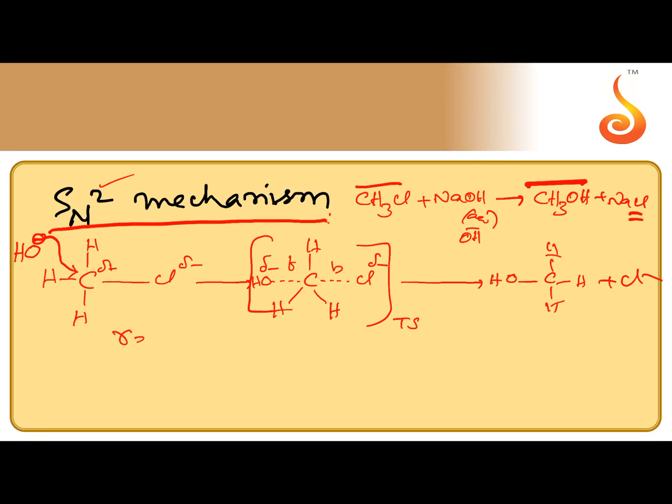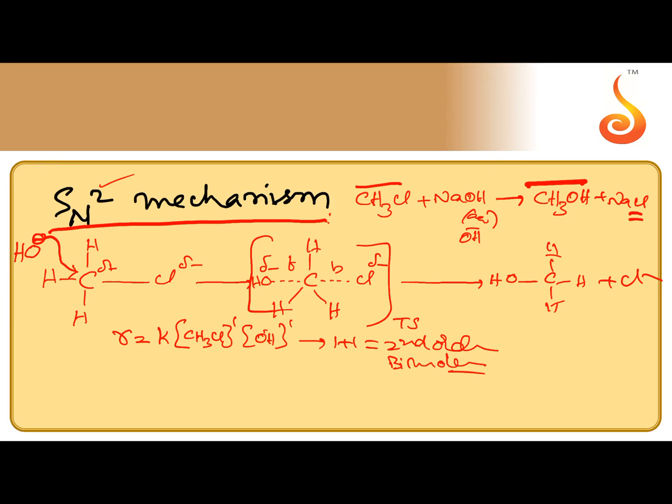In this reaction, if you write the rate equation, rate is equal to K into concentration of CH3Cl power 1, concentration of OH minus power 1. That's why 1 plus 1, this is a second order reaction. At the same time, since two molecules participate in the reaction, this is a bimolecular reaction.